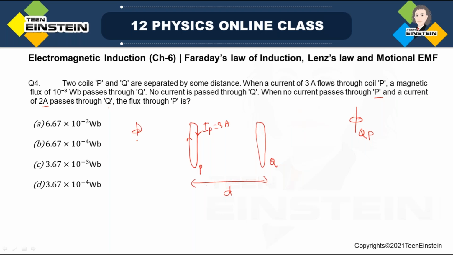That means you have to calculate phi PQ, the flux linked with the P coil when the current flowing in the Q coil is 2 ampere.